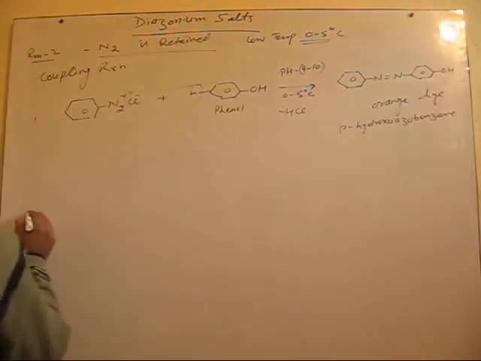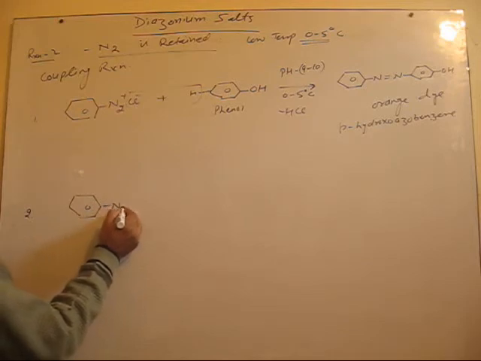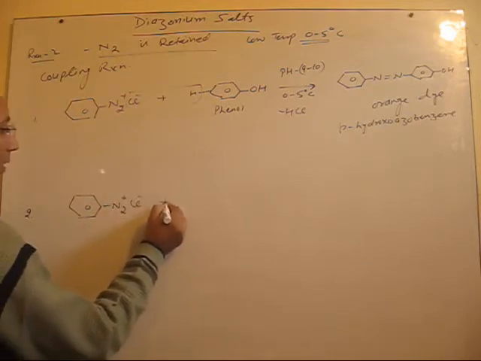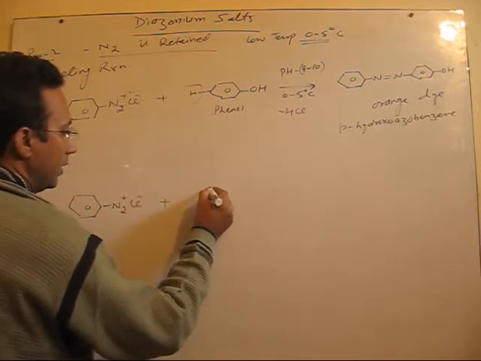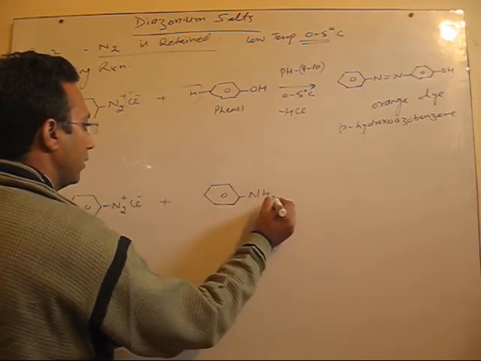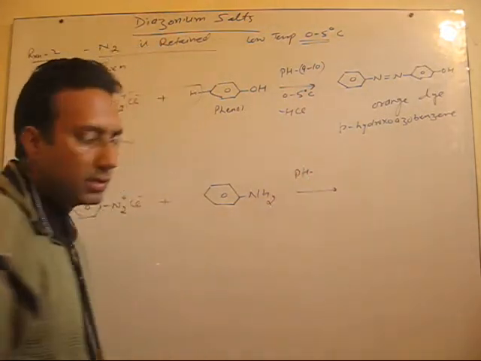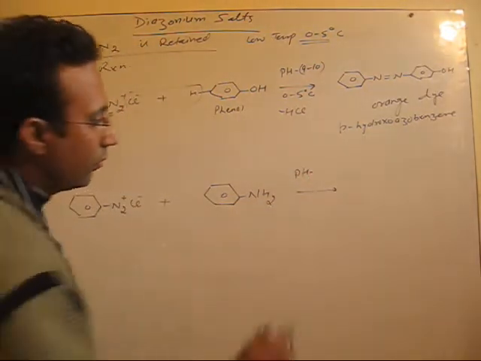Second, diazonium salts can be easily coupled with another aromatic compound, that is aniline. In this case, the medium is slightly acidic, in the pH range 4 to 5.